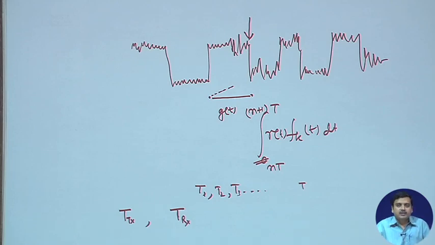So, if let us say the transmitter clock runs at a few gigahertz, let us say 1 gigahertz, the receiver clock might be running at a slightly higher or at a slightly lower frequency. Mean is slightly different, and there could be jitter around the mean as well. So, that means, whatever we assumed as ideal in our earlier study is actually not ideal. So, let us see what happens.